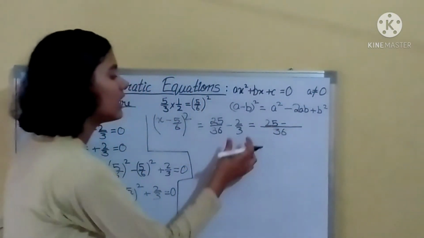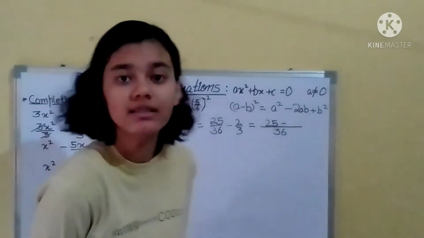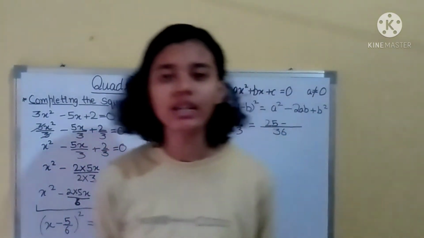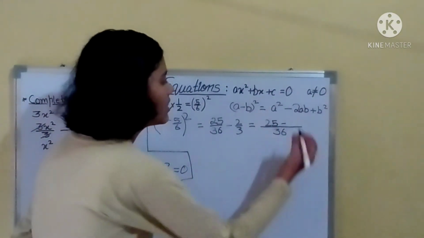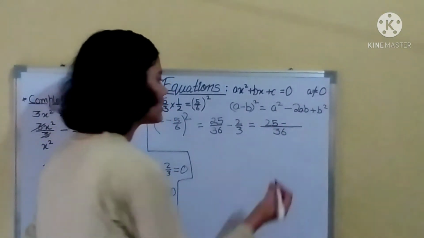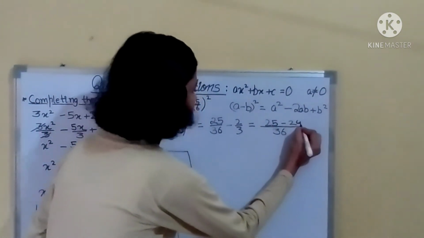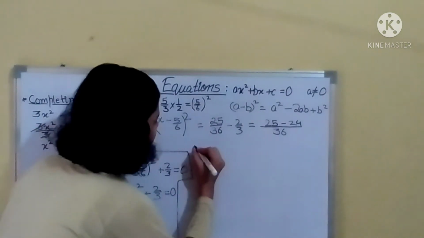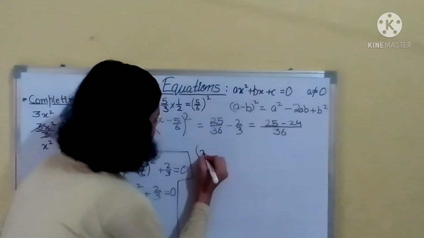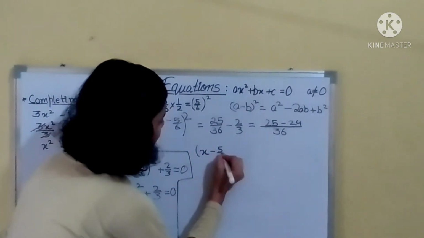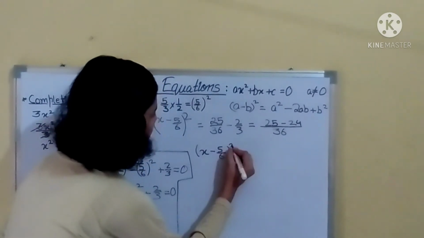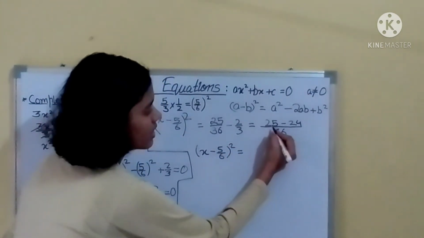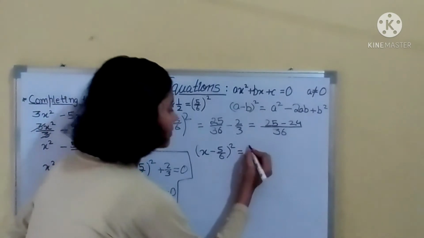Now minus. What will we multiply in 3 so that it comes 36? 3 twelves are 36. So 2 into 12 is equal to 24. Then x minus 5 upon 6 whole square is equal to 25 minus 24, that is 1.